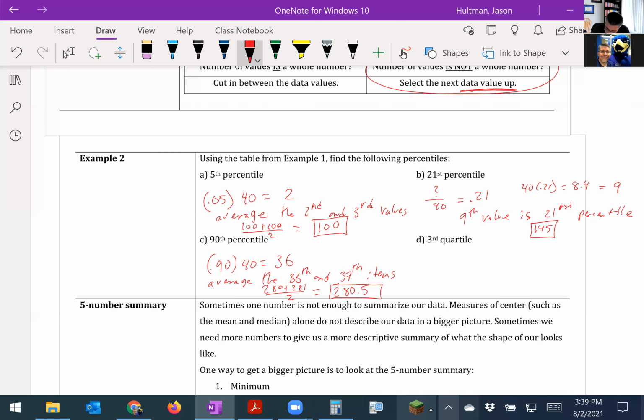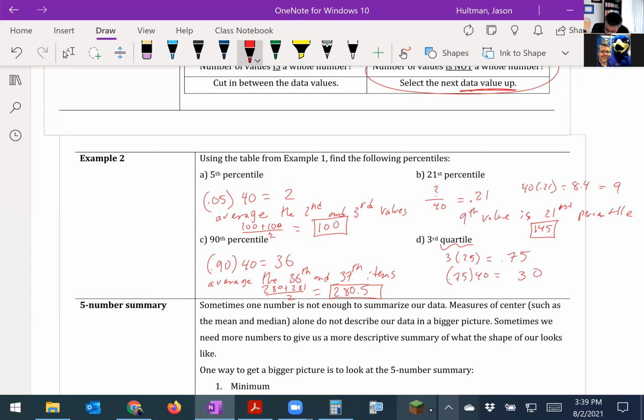Okay, what about the third quartile? What's a quartile? Well, it's a quarter. So what's 3/4 of a dollar? Well, it's 75 cents. So 0.75 out of 40 is 30.